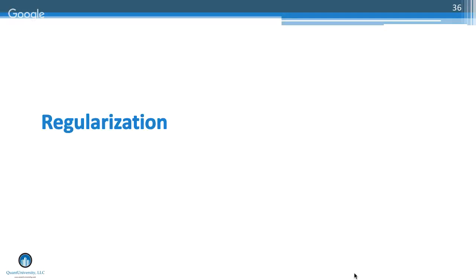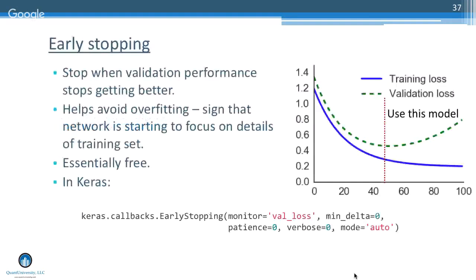A few more slides of sort of tips, and then we'll actually go look at some examples. I think it'll be more interesting. Early stopping. We've sort of implicitly talked about this already. When your validation loss starts to go up, stop training. This is a very cheap way to get regularization.